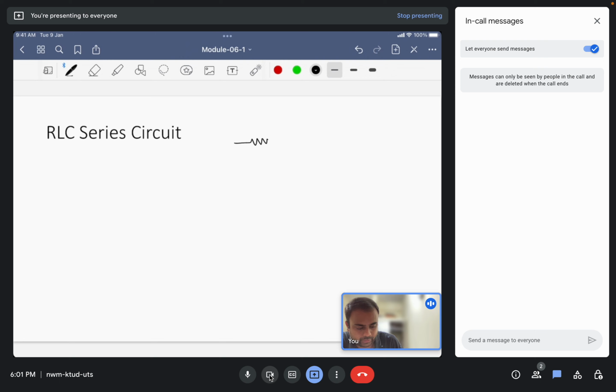We have a resistor connected in series with an inductor and finally a capacitor, and we excite this by a DC source of voltage Vs, with the components being resistance R, inductance L and capacitance C.